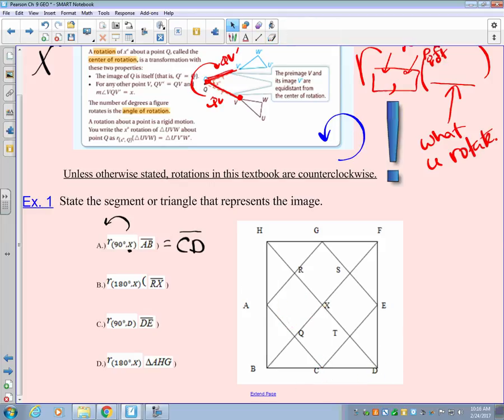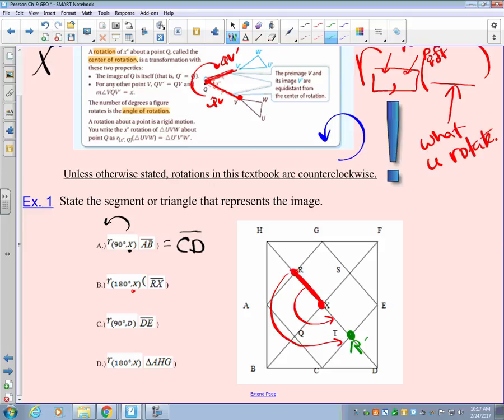We are going to take RX. We're still going to have a center of rotation of X, but this time we're going to take RX and rotate it 180 degrees. So that is halfway around a circle. So this R is going to come here, and R prime is going to go right next to the T. And where does X go? Same spot.